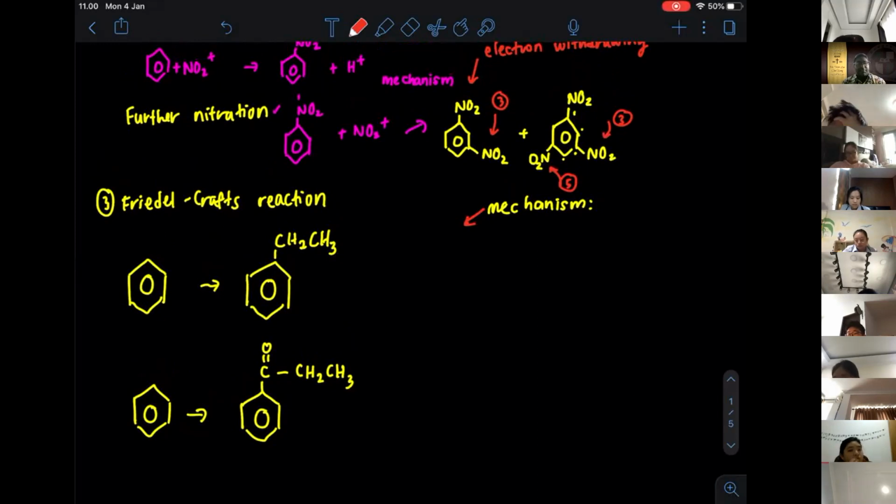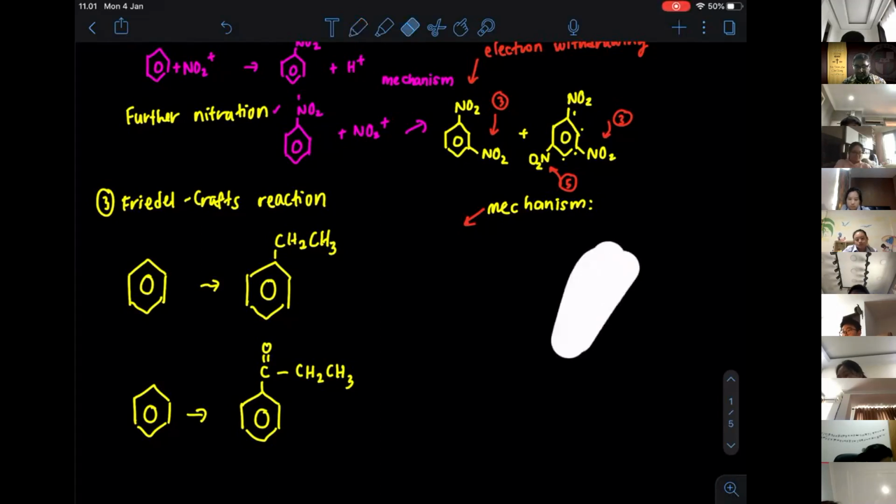The Friedel-Crafts reaction is more about adding a branch, or a side chain, to the benzene. Like if you have benzene and I want something to go here, for example CH2CH3, this is adding the side chain. So how do we add this side chain? By using the reaction we call the Friedel-Crafts reaction.